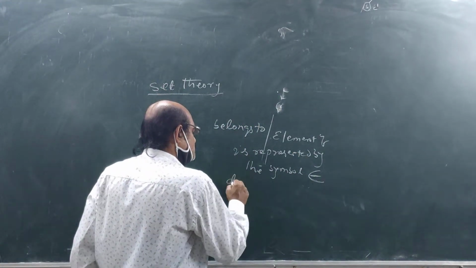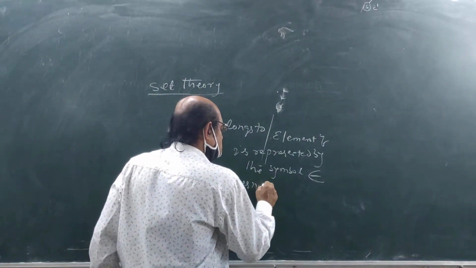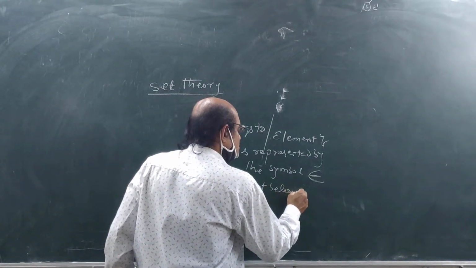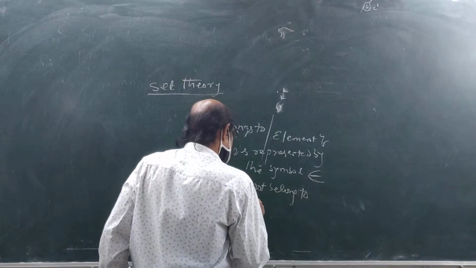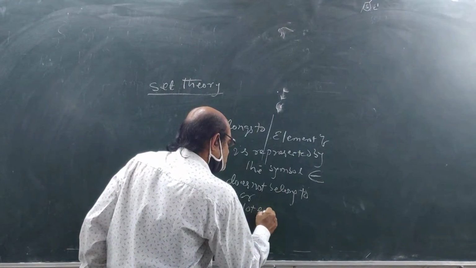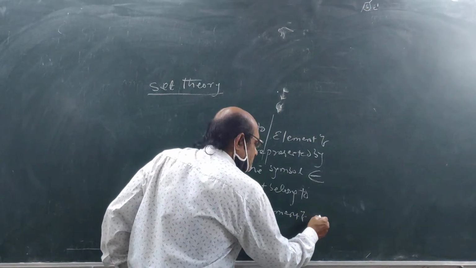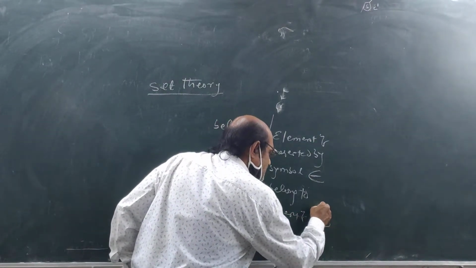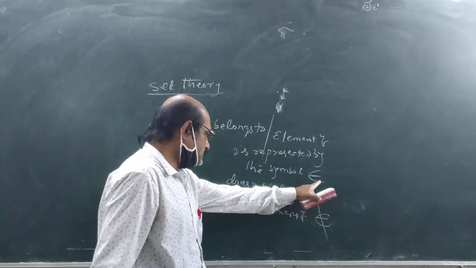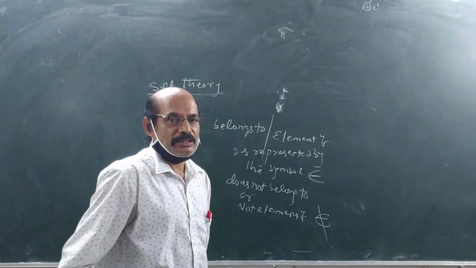Does not belong to, or not element of, is represented by the same symbol ∈ with a slash mark. So this is belongs to, and this is does not belong to.